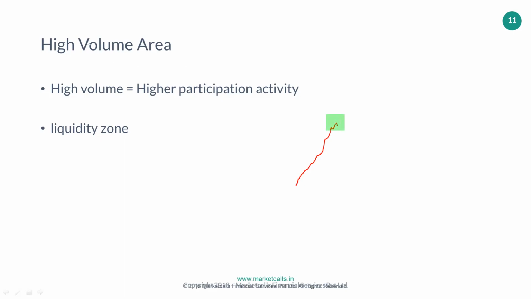So for those zones, next time when the price is moving away from there and then coming back to this zone, what you'll be seeing is a high volume absorption. Let's say when the price is reaching the zone, volume gets a bit heavy, and again absorption happens over those zones, and those zones usually result in a continuation. So they continue from there.